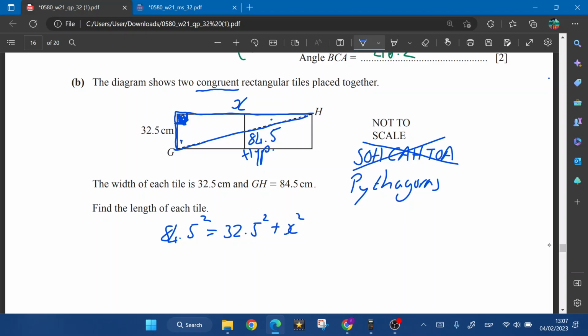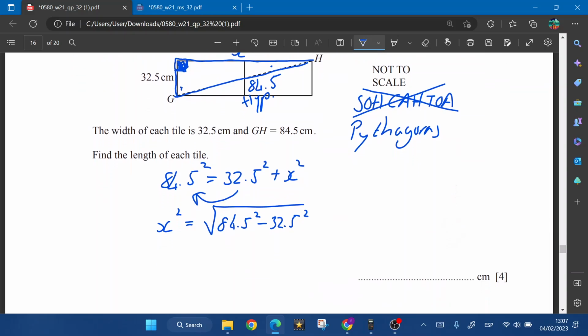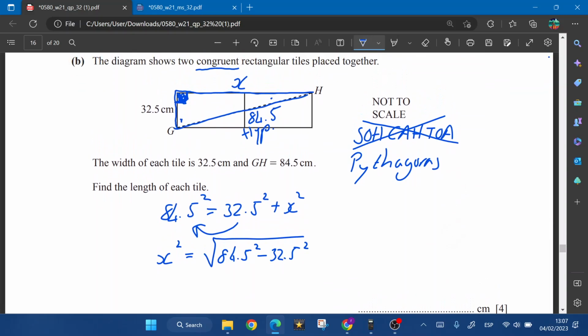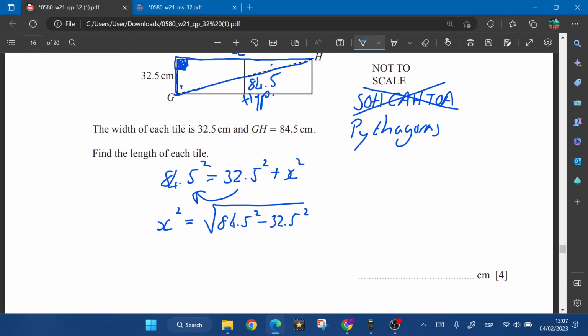We move that to this side. It's going to be subtraction, so I'm going to write it like this. So x squared will be 84.5 squared minus 32.5 squared. You see? To find one of the other sides, it's always subtract. If you want to find the hypotenuse, you're always going to add. And I did one thing wrong here: put the square root there. What I meant was, if we want to work out x and get rid of that square, we're going to have to square root all of this.